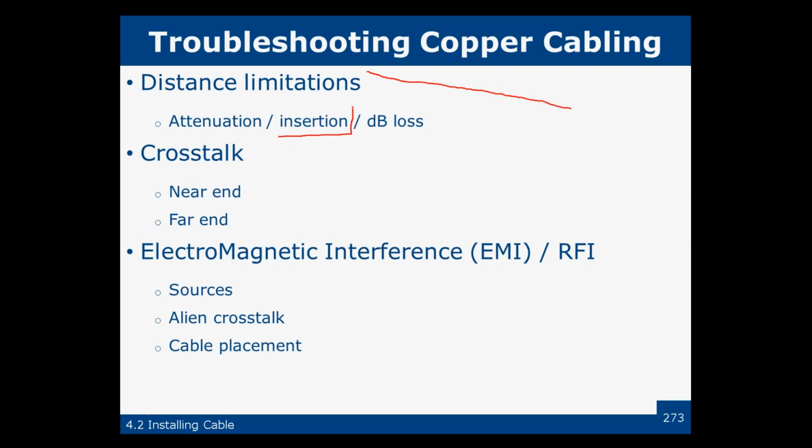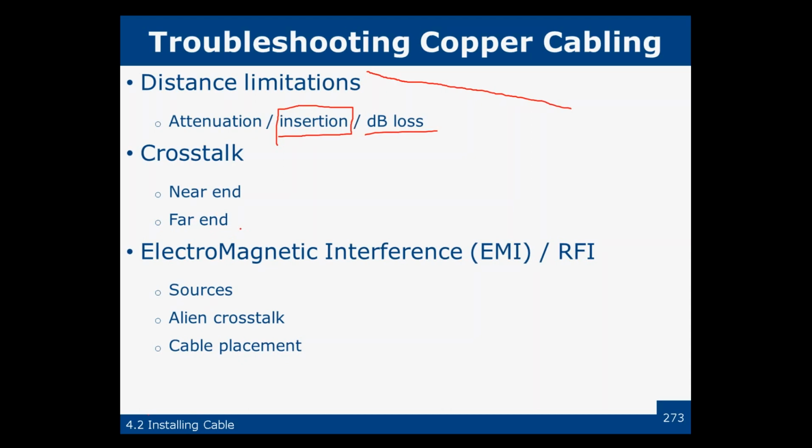Insertion losses, if the cable's not made right. dB losses or decibel losses, dB is what the losses are actually measured in. Crosstalk, near end and far end. Near end crosstalk is at the transmit end and far end's at the receive end.